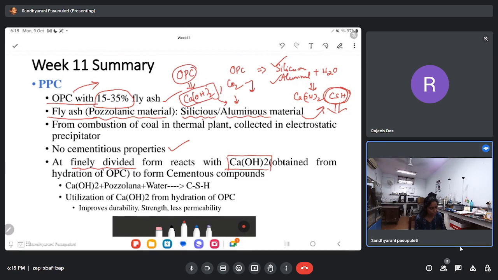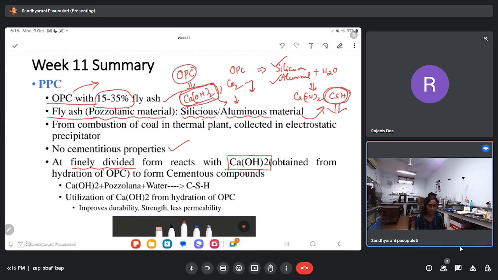In order to reduce this calcium hydroxide, we have to reuse it, because when there is calcium hydroxide production initially, we have to reuse that in such a way that the amount should not be accumulated. And we also have to get cementitious strength properties after reusing this calcium hydroxide.